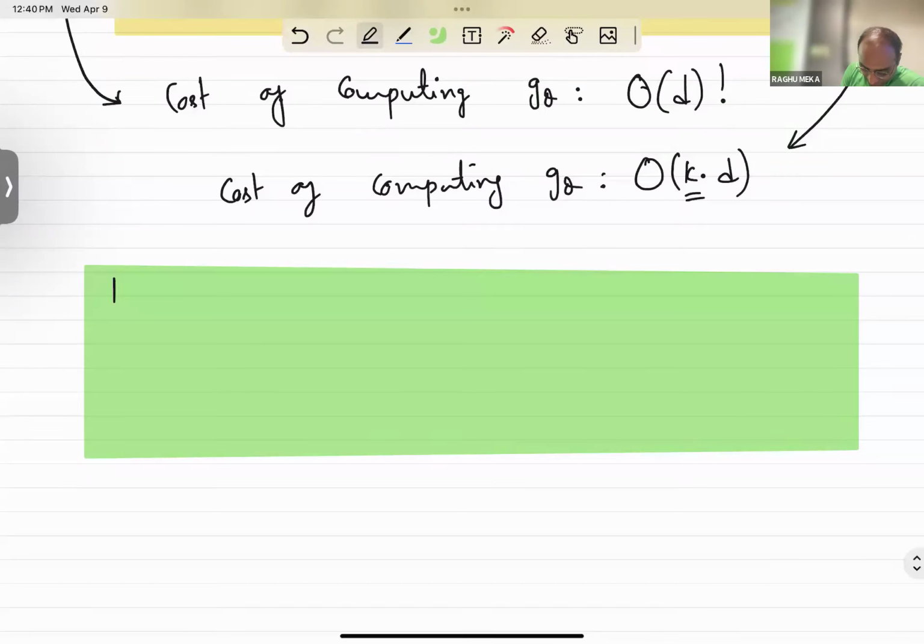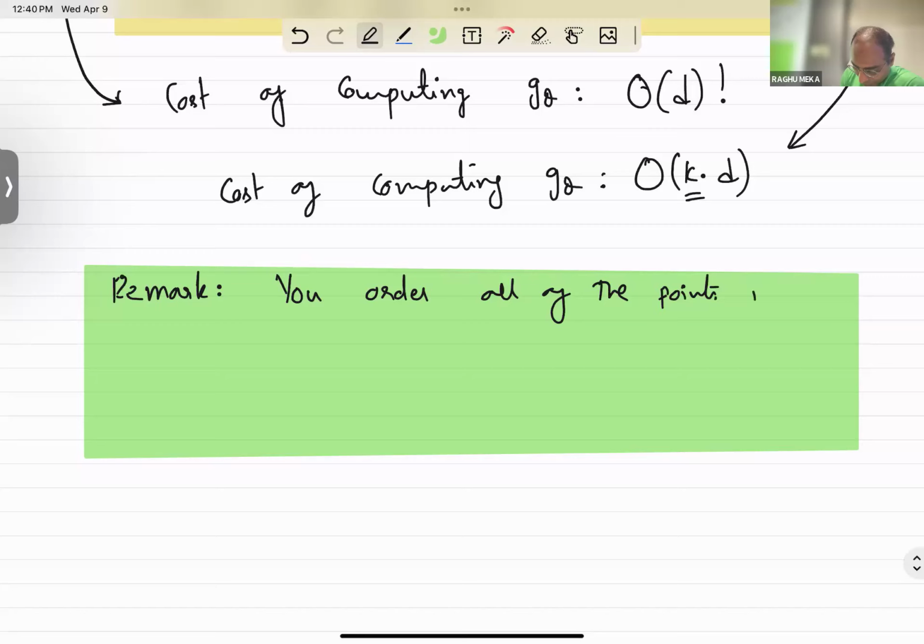So what you do instead is you order all of the points in a random order. Okay, meaning permute all of the points in some random way. So you get xi1, yi1, xi2, yi2, and so on. You permute them once and then keep it like that.